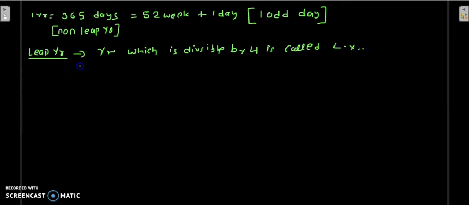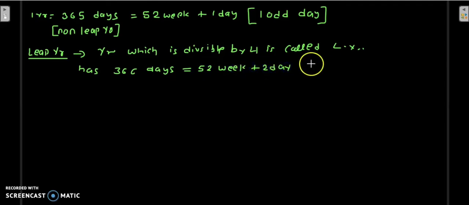A leap year has 366 days. That means 52 weeks plus 2 days, so we have 2 odd days for a leap year.